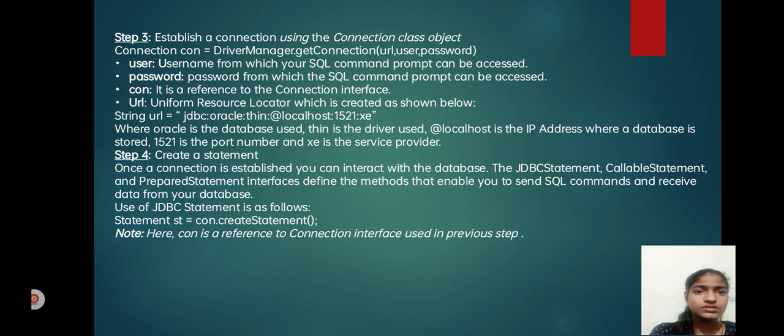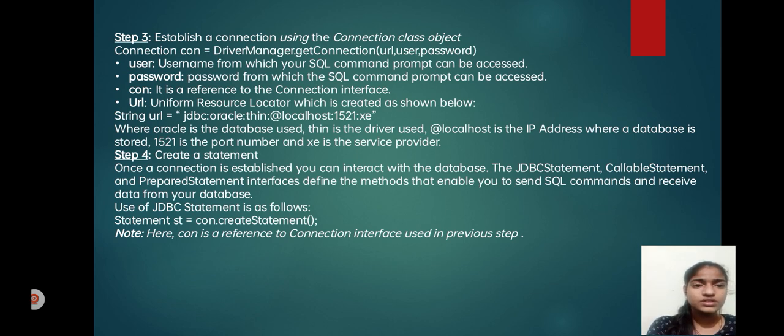So the connection object contains parameters: URL, user, and password. Con in the sense connection object, connection reference. Where Oracle is the database used, thin is the driver used, localhost is the IP address where the database is stored, 1521 is the port number, and xe is the service provider.